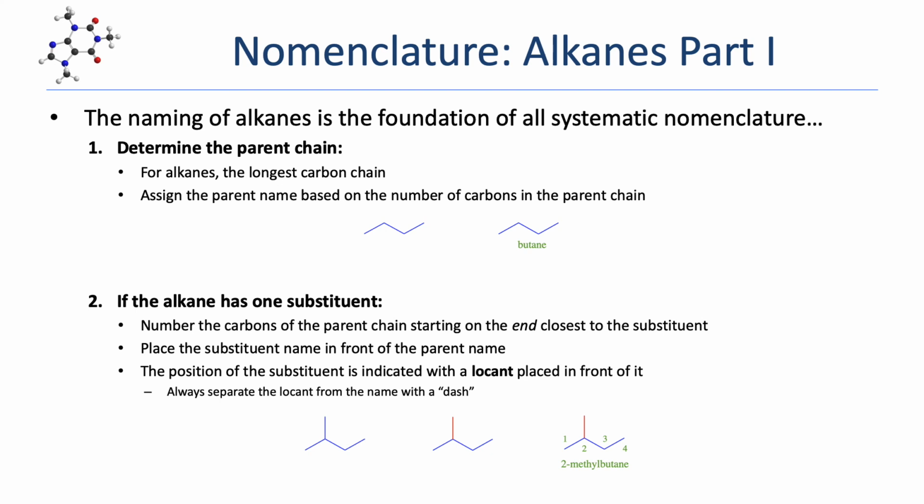So in this case, it would be 2-methyl. And then we attach that to the parent name of butane. So 2-methylbutane. And this is how pretty much all substituents are introduced to a name. You place the substituent in front of the parent name, and then you put the locant value in front of the substituent name. Remember to always separate a locant from any letter part of a name with a dash.